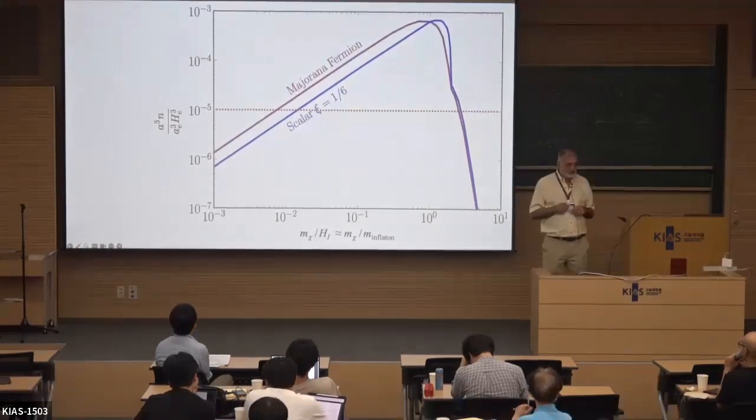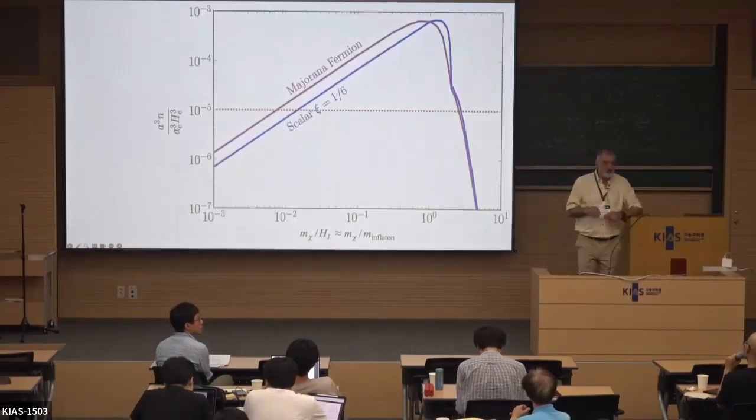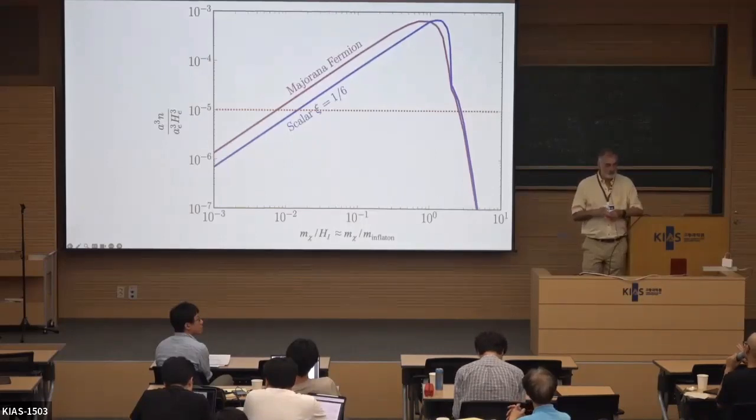This is a generic question. So far we have followed a tree-level production through gravity. Now these interactions are not renormalizable, right? Like the fermion-graviton one.